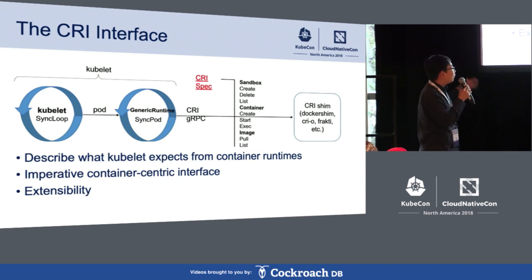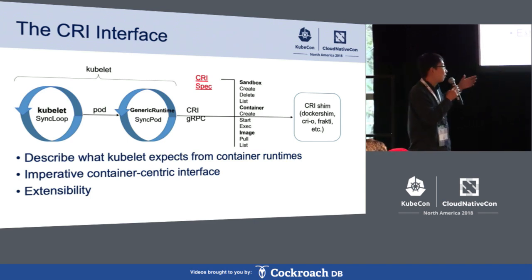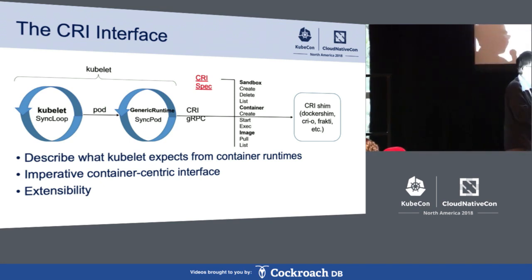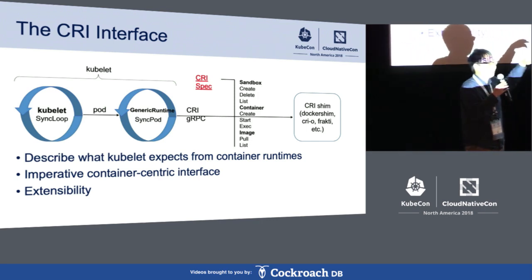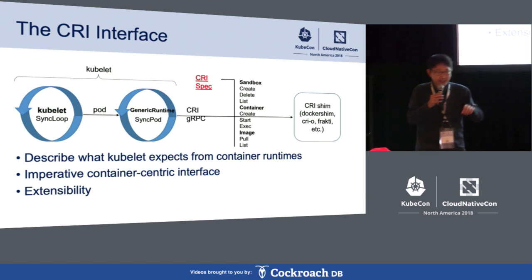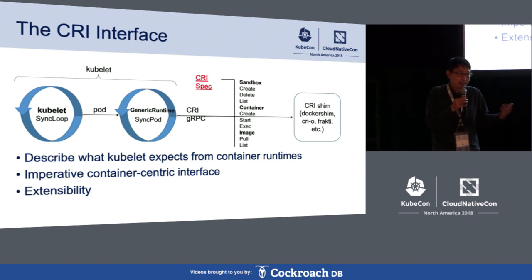And we also decided to design CRI as a container-centric interface. So we do not have the concept of a pod in the CRI interface. That's because pod is a Kubernetes-related concept. We cannot expect the container runtime to understand this concept, like Docker.